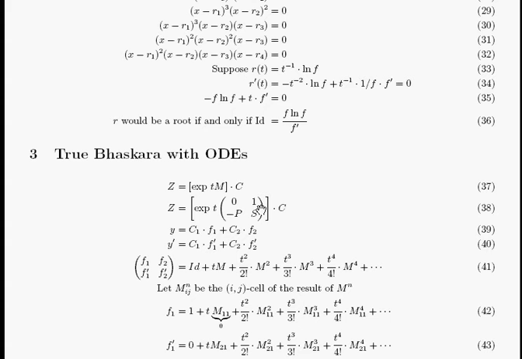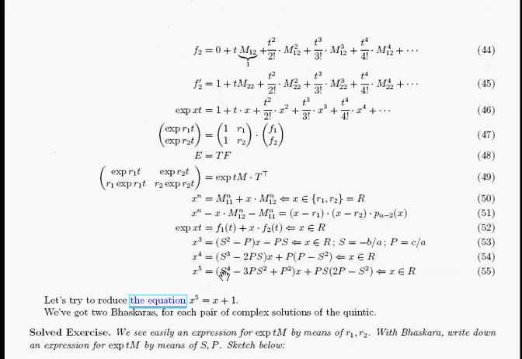M is 0, 1, minus q, minus p. So here appears line 2, column 1, minus q. Then we have discovered that the exponential of xt is this expression. This is the Taylor series.